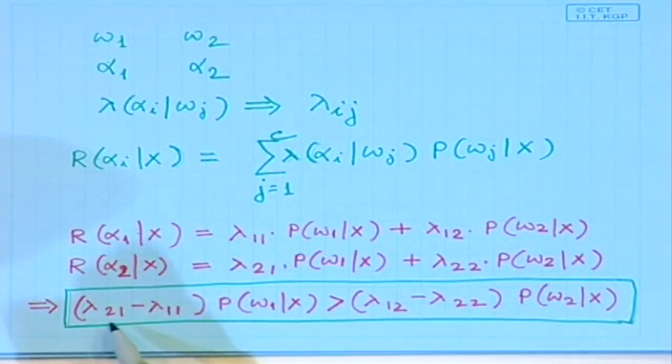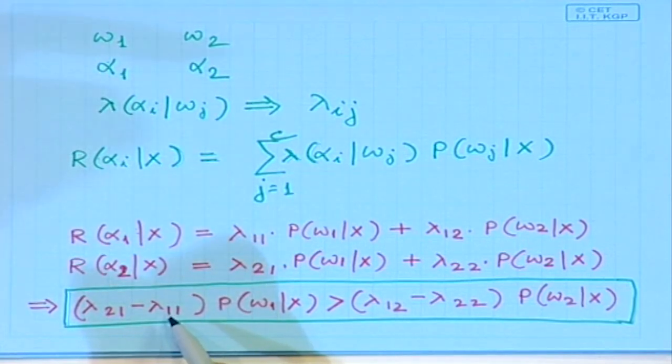Whereas, this lambda 2 1 and lambda 1 2 are the loss for taking wrong decision, because we are taking action alpha 1 where the true state of nature is actually omega 2, or we are taking an action alpha 2 when the true state of nature is actually omega 1. So, naturally, this lambda 2 1 will be much larger than lambda 1 1, because this is loss for taking correct action.